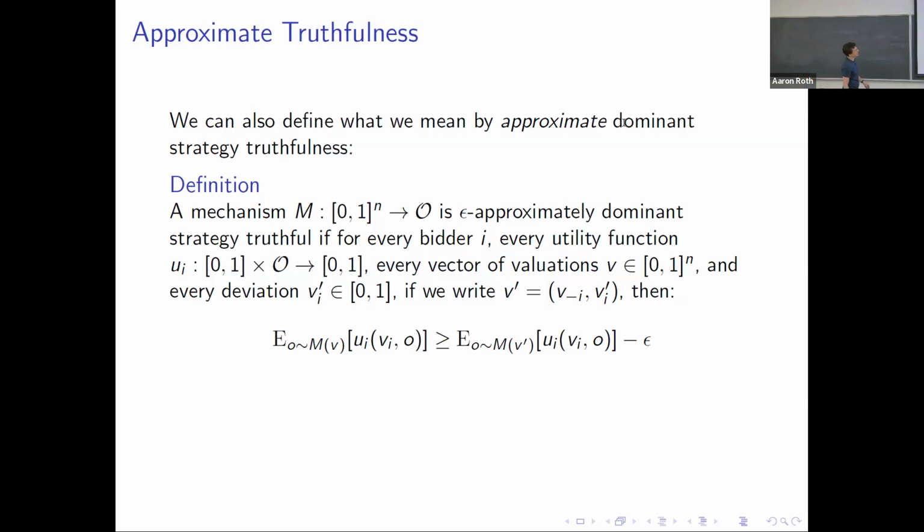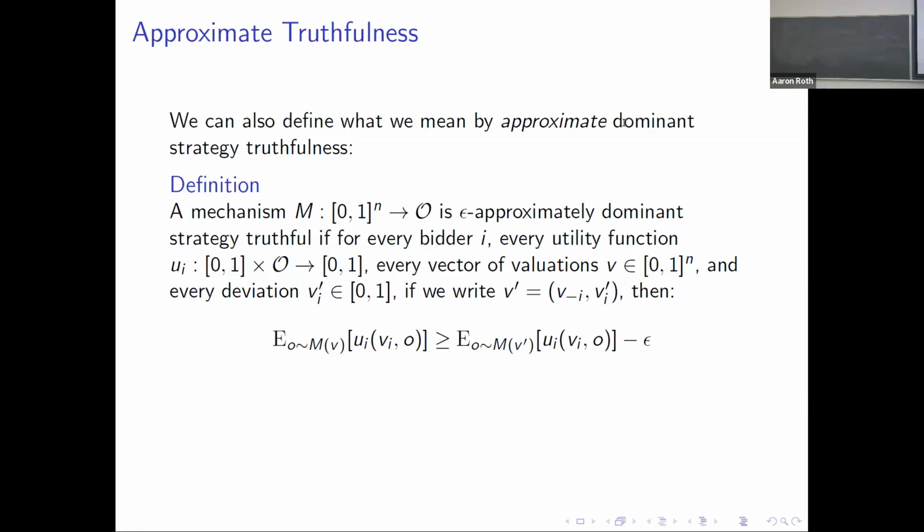So they might have been able to gain a little bit by deviating from the truth, but not by more than epsilon. So telling the truth is always an epsilon best response. And since the mechanism doesn't know players' utility functions up front, that's the whole point. It's trying to get people to bid truthfully, but they might not.